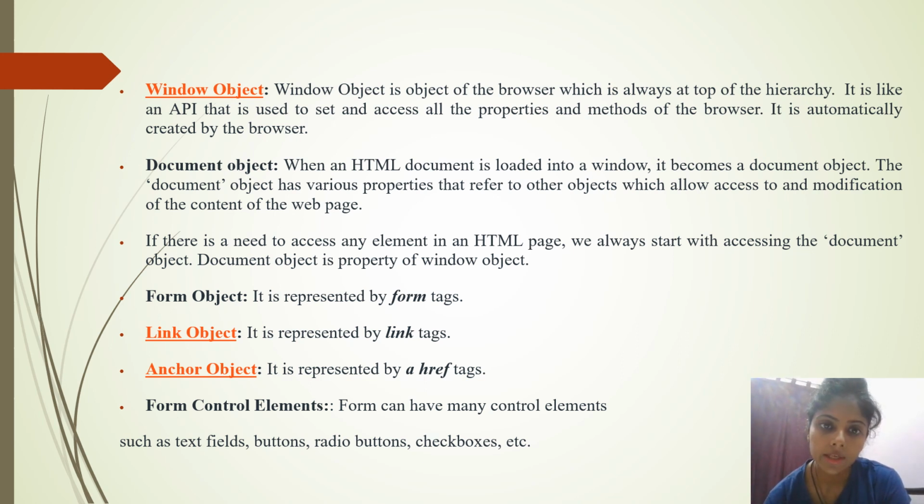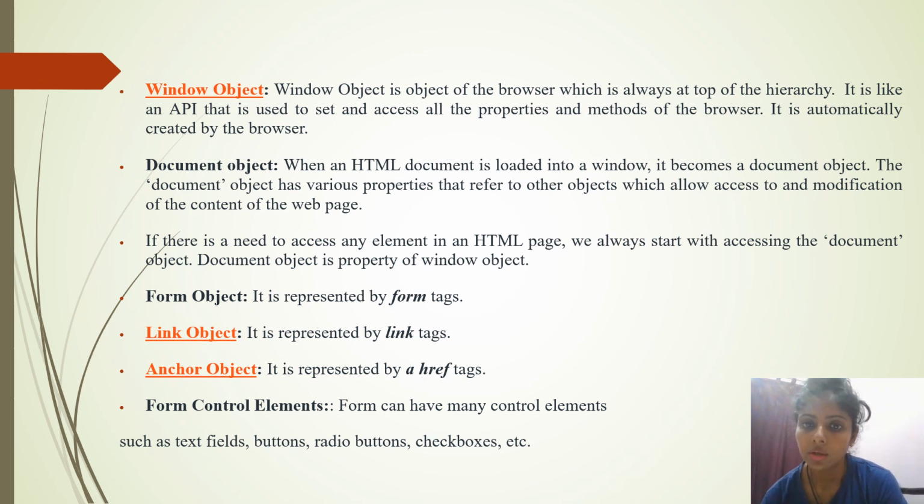Document object: when an HTML document is loaded into a window, it becomes a document object. The document object has various properties that refer to other objects, which allow access to and modification of the content of the web page.